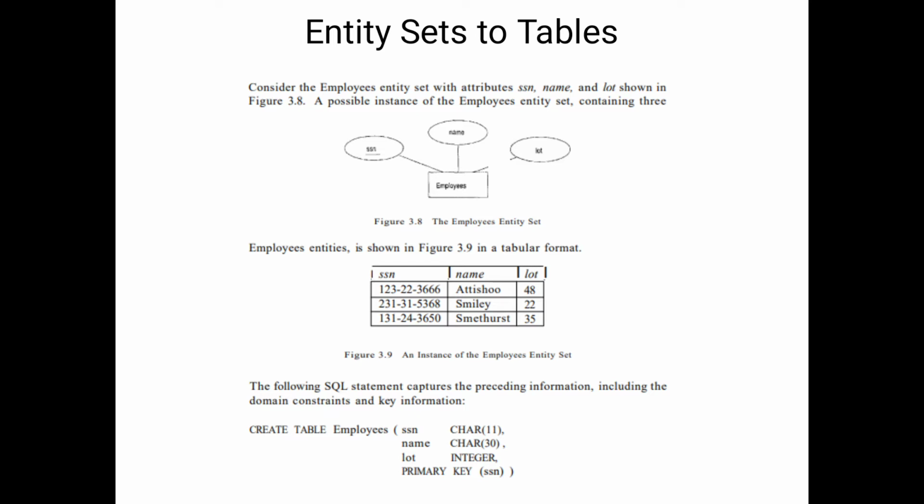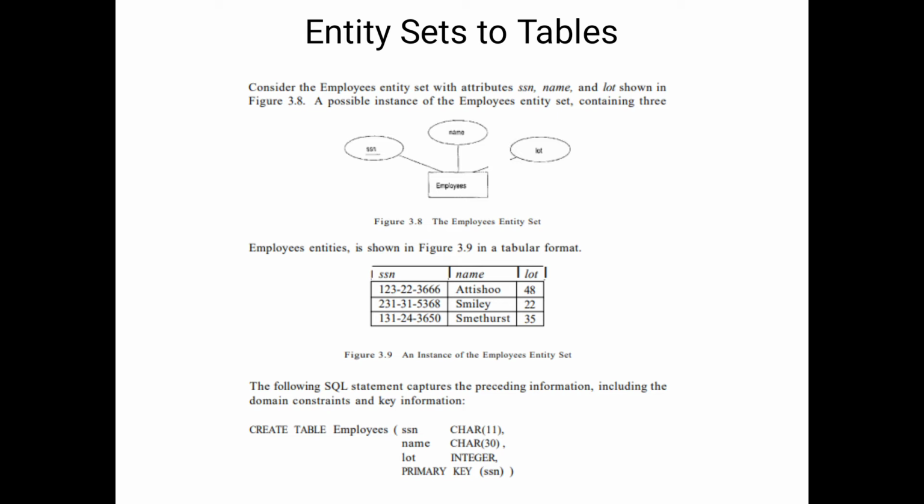So please observe the table in figure 3.9 made with the help of the entity relationship in 3.8. Now we will convert that entity relationship into the table. We will consider employee as the table name, because in the entity relationship model employee is one entity. The attributes SSN, name, and lot are the field headings.